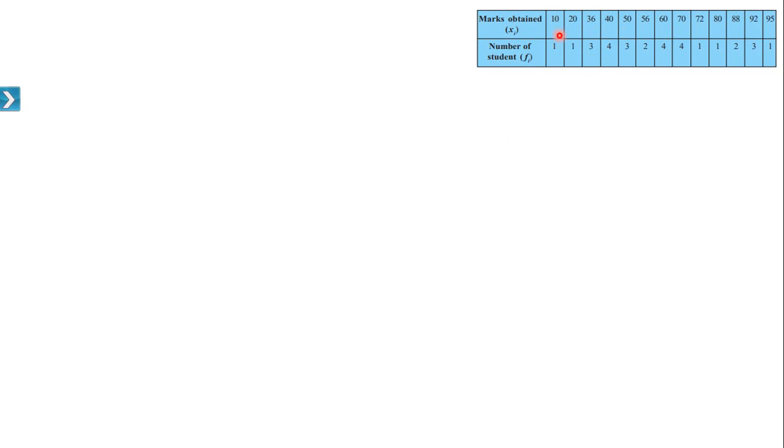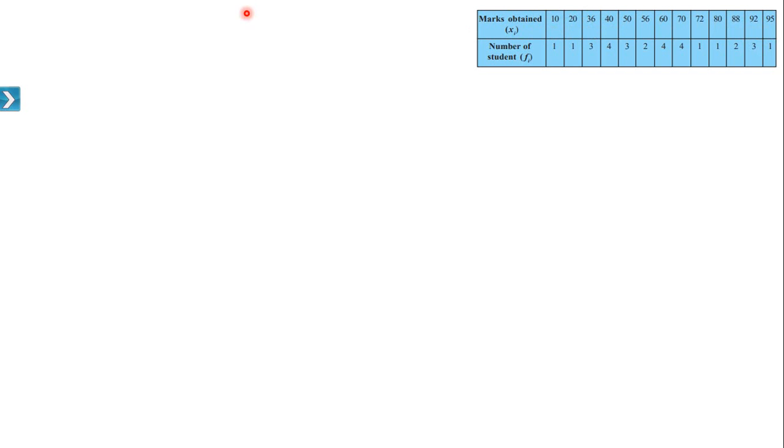Now, convert this into a grouped frequency distribution, because here there are 13 scores. So, let us convert this into a grouped frequency distribution, so that we can reduce the number of rows.